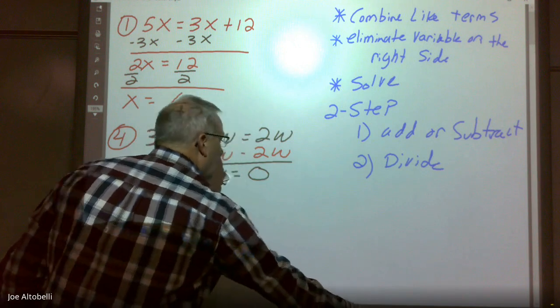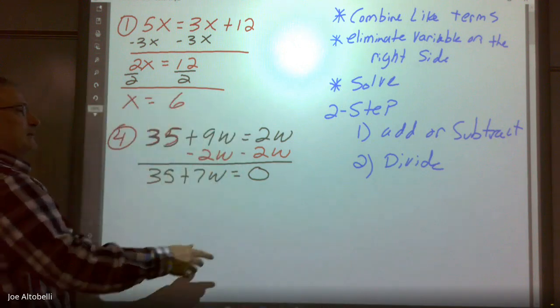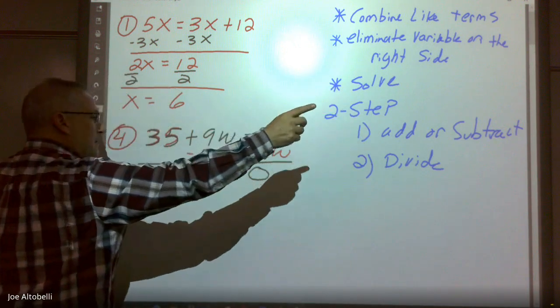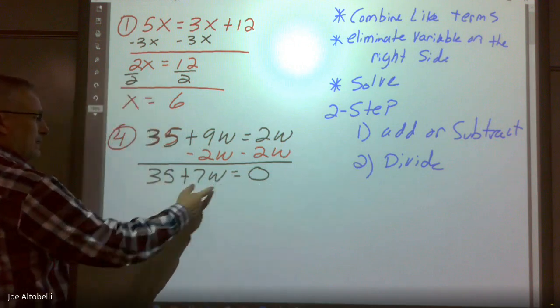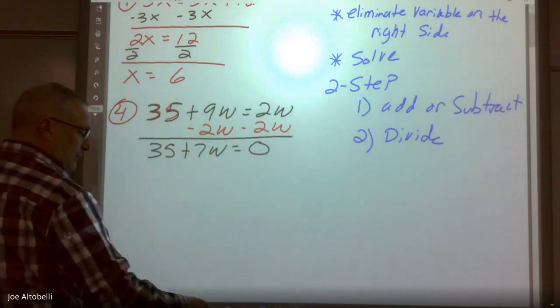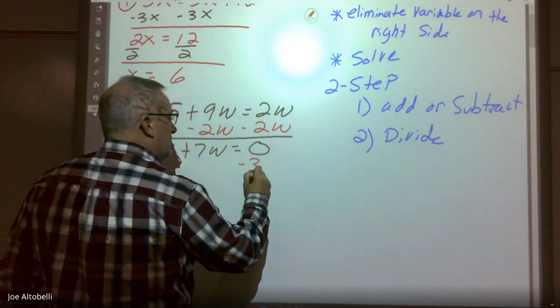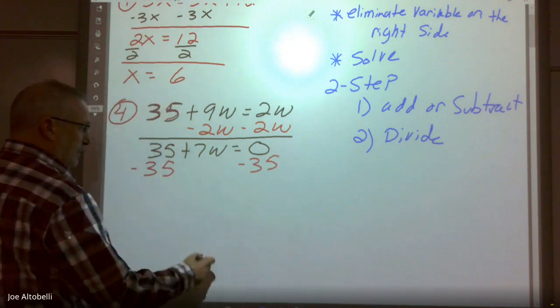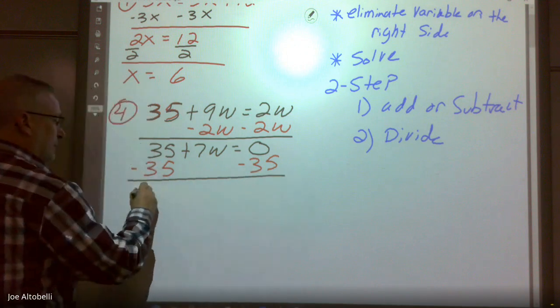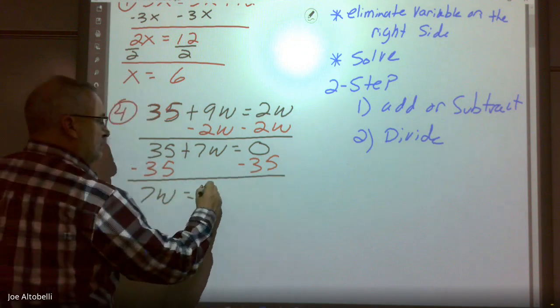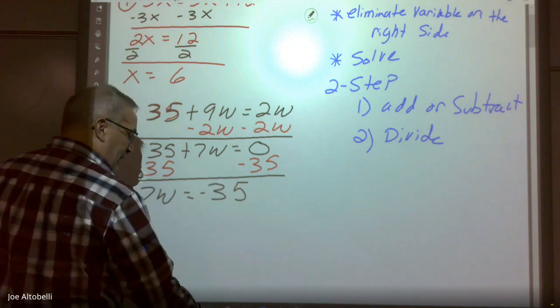So you have a two-step equation. It's going to be add or subtract and then divide. So here we're going to subtract the 35. Remember, what we do to one side, we must do to the other. So we get 7w is equal to negative 35.